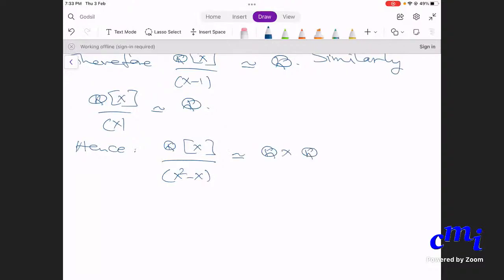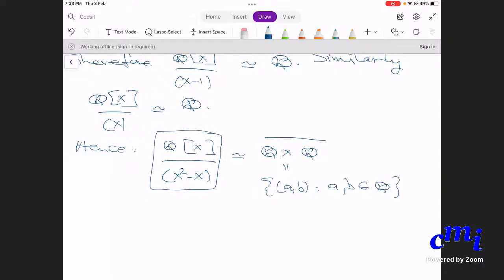These two rings look very different at first sight, right? If you look at these two rings, they don't look like anything similar. Q[x] mod (x squared minus x) is a quotient of a polynomial ring in one variable over Q. Q cross Q, on the other hand, just consists of all pairs (a, b) such that a and b belong to Q, with component-wise multiplication and addition. What does this thing with component-wise addition and multiplication have to do with something involving polynomials?